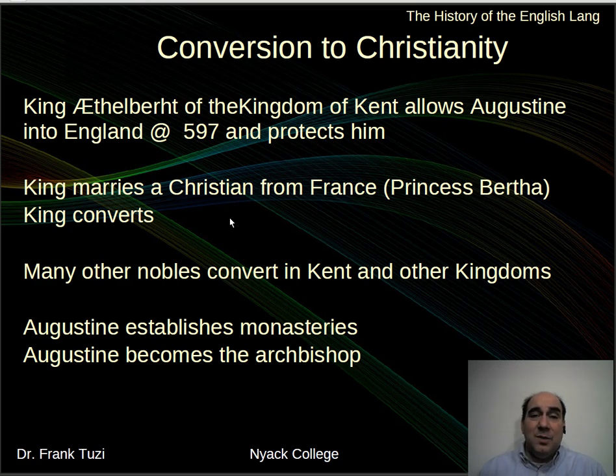The monasteries were mainly schools, places where people could come and learn and study, and where they could share Christianity, and also where they could help out the communities. So through Princess Bertha, the king becomes a Christian, and a lot of other converts in the Kent area and other kingdoms become Christian.